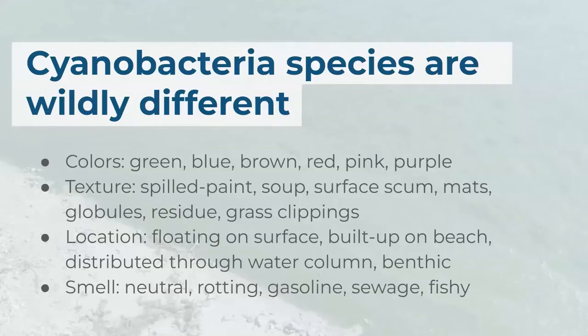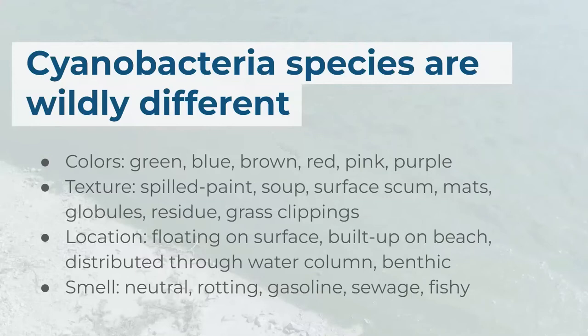And this is where it gets challenging, because it's not like there's just one way that these blooms can look. Cyanobacteria species are wildly different in appearance in every way possible. Their colors can be anything from green to red to pink to purple to blue to turquoise. Their texture might be almost like a pea soup, like that first one.